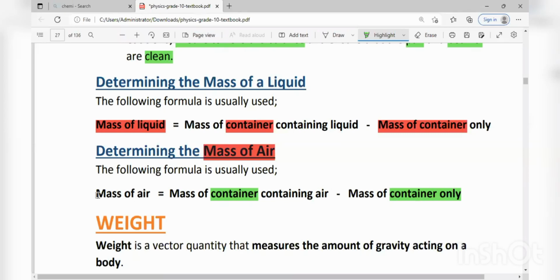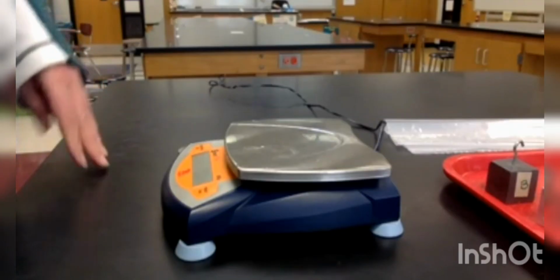Now, for you to find the mass of the air, you will need to subtract the mass of the container from everything you've measured. That is, you've measured the mass of the container plus the air inside the container. So you subtract the mass of the container.